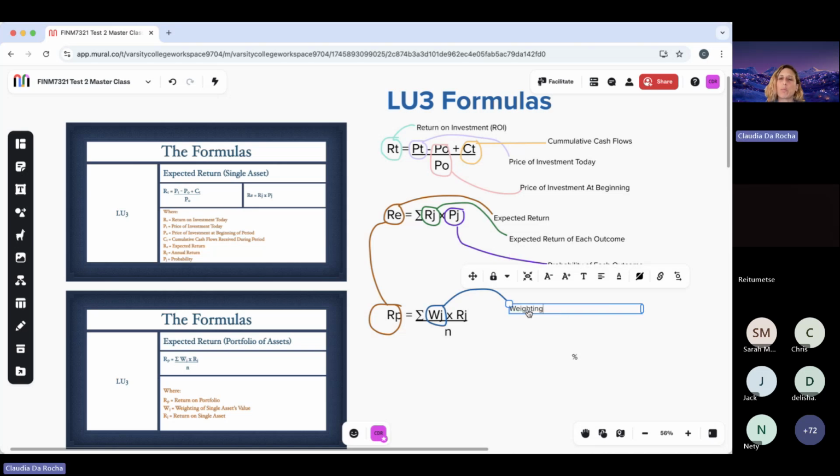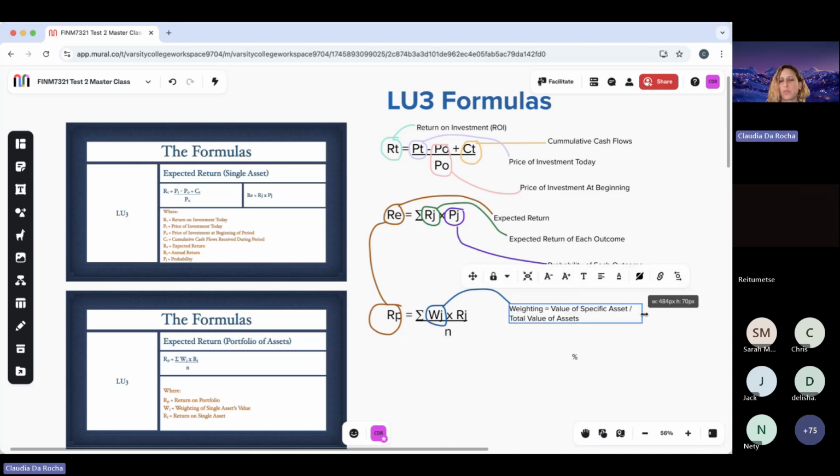Okay, so when we're talking about weighting, we're basically talking about the value of a specific asset divided by the total value of assets.